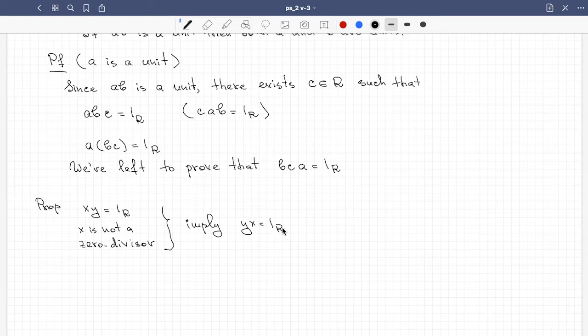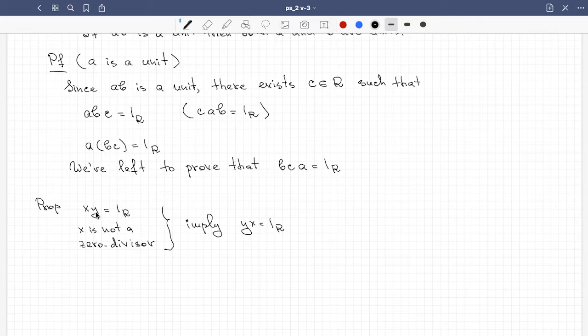That is a difficulty. We do not assume that our rings are all commutative. There are examples, 2 by 2 matrices in the first place, but there are many other non-commutative rings, so we cannot assume the rings are commutative.